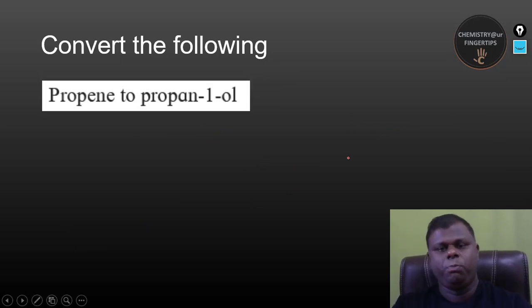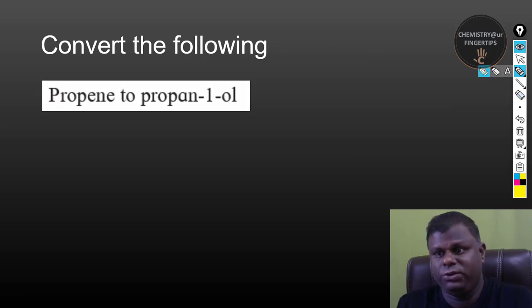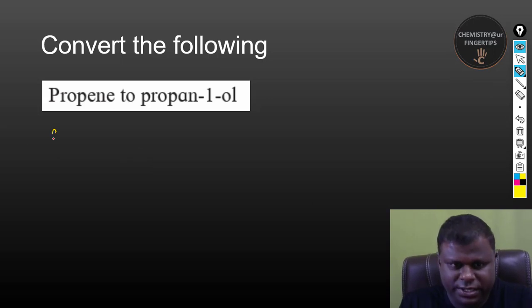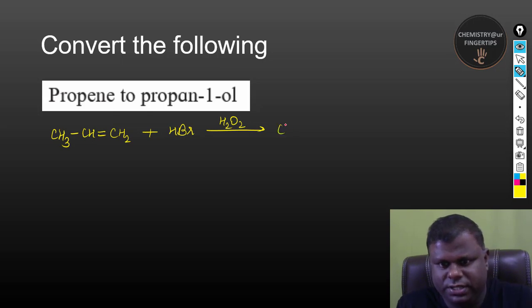Now the next one is prop-1-ene to propanol. You can do it using diborane as well, but let me just explain it using this halogen derivative technique only. You have CH3 and CH double bond CH2, right? This on treatment with HBr in the presence of a peroxide, what exactly do you get?